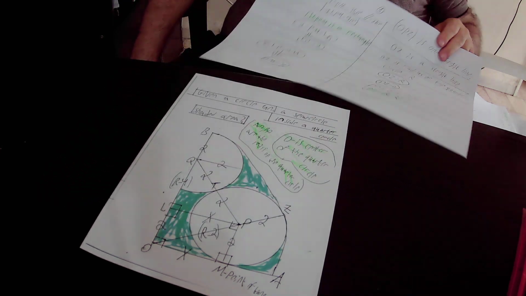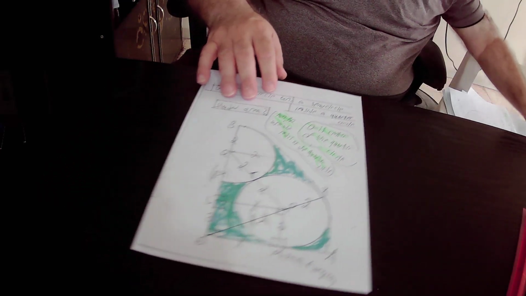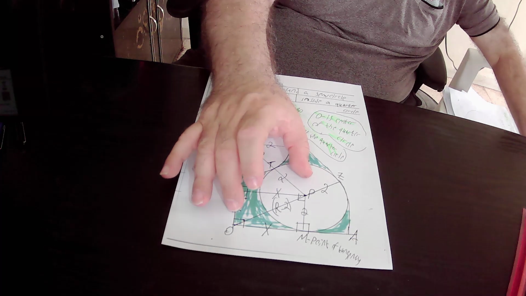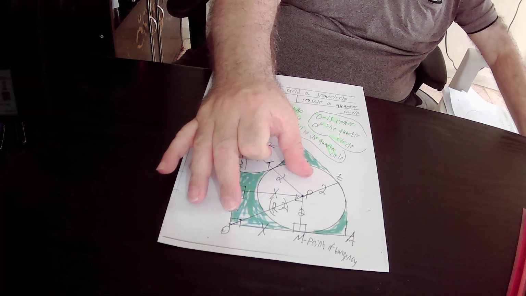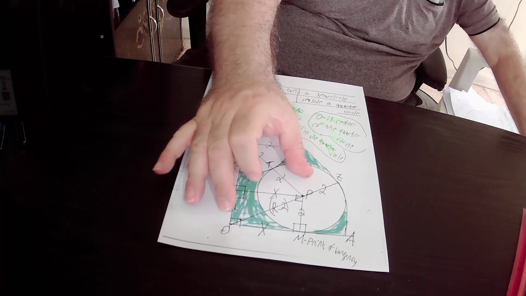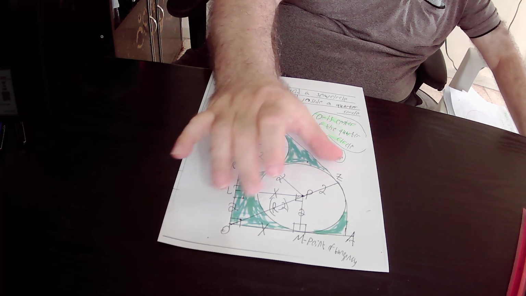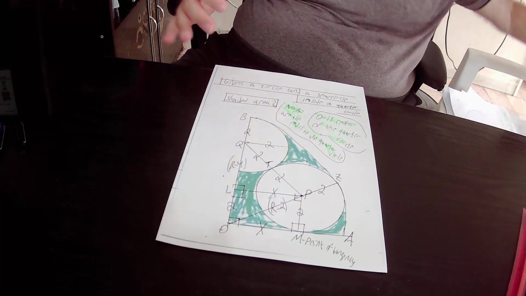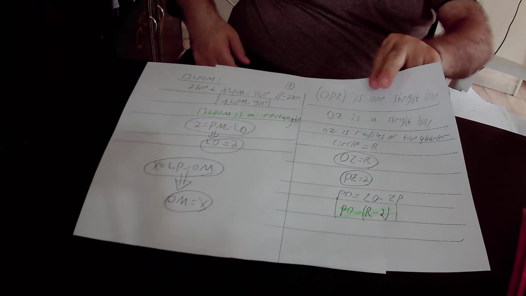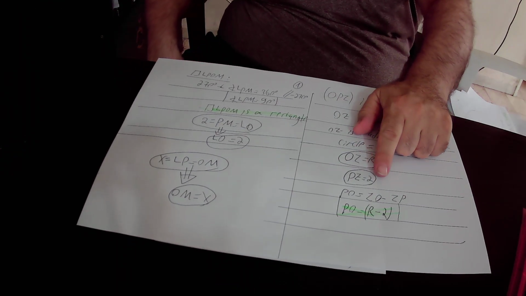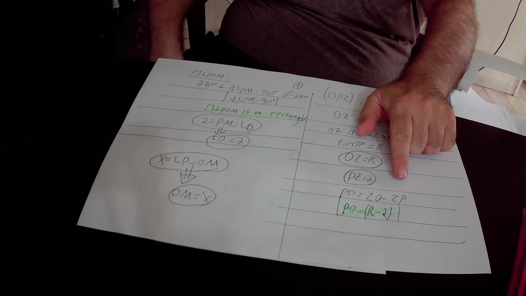Okay, and what is the length of line segment PO? From the diagram, it is very easy to see that the length of line segment PO is equal to ZO minus PZ. Again, ZO minus PZ equals PO.